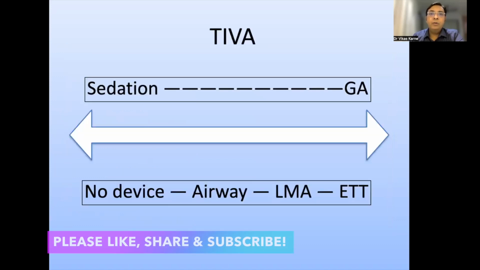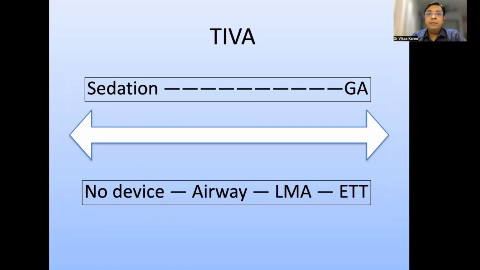So when we talk about TIVA, the bandwidth varies from sedation to general anesthesia. Depending on how we are planning the anesthesia, the airway management will differ: we may use spontaneous ventilation without any device, or airway adjuncts like an oral or nasal airway, or a laryngeal mask airway, or we can use an endotracheal tube.